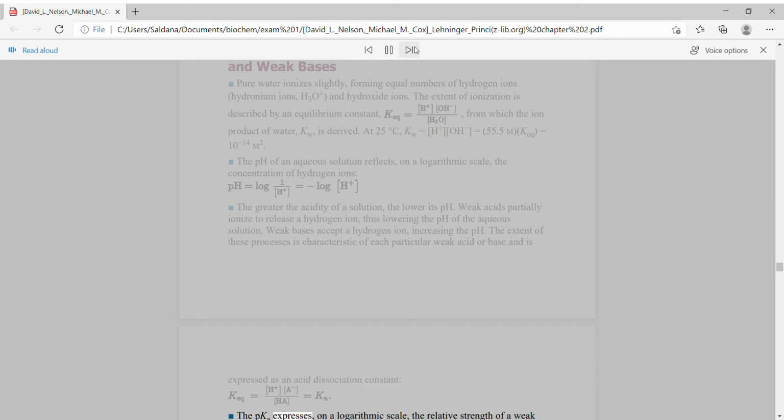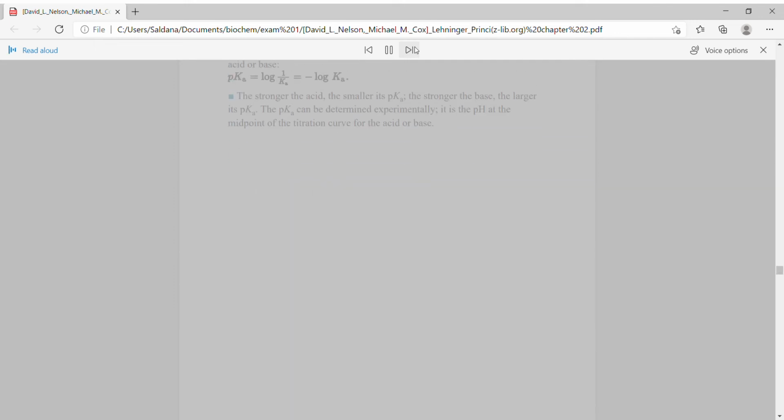The pKa expresses, on a logarithmic scale, the relative strength of a weak acid or base. The stronger the acid, the smaller its pKa, the stronger the base, the larger its pKa. The pKa can be determined experimentally. It is the pH at the midpoint of the titration curve for the acid or base.